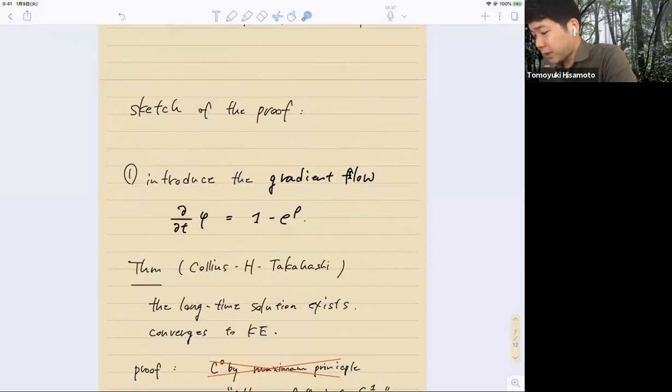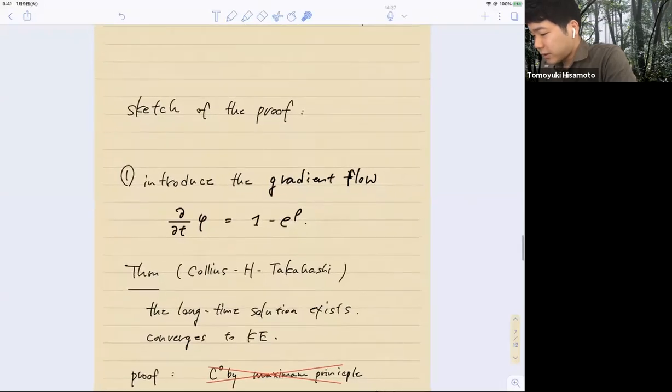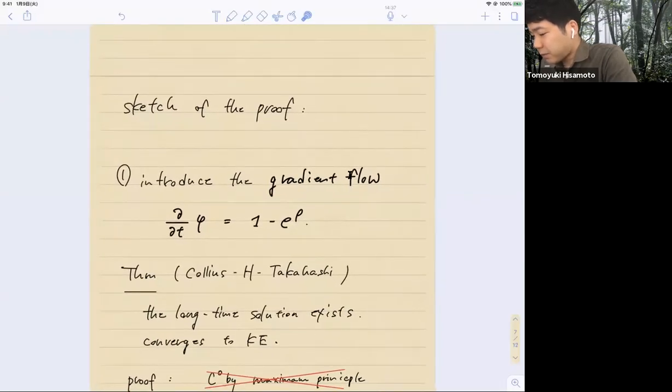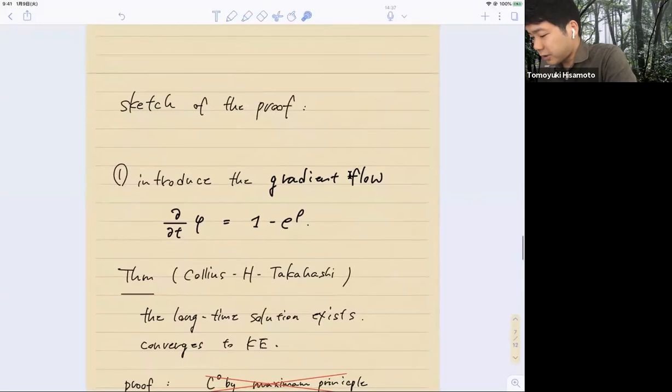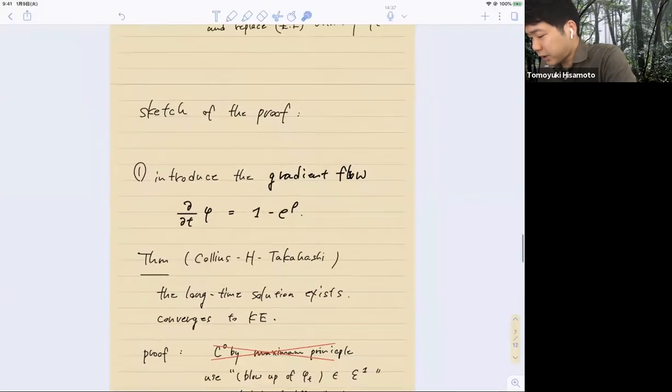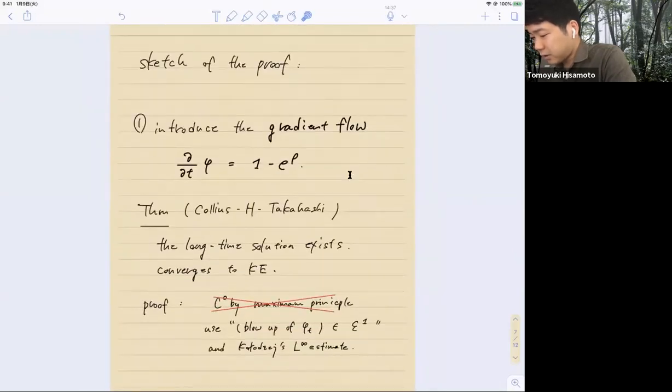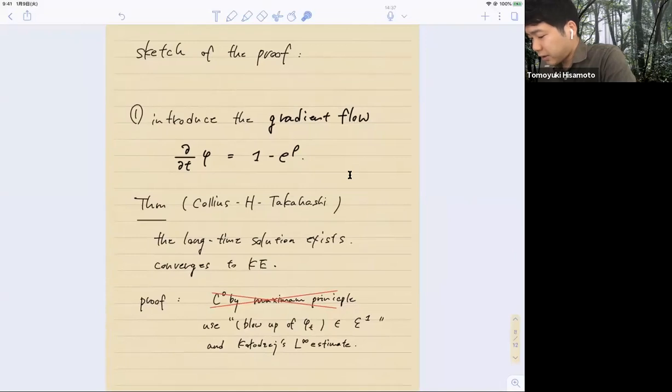But as far as I know, this has not appeared in the literature, and our first result, which is joint work with Tristan Collins and Ryosuke Takahashi, is that there exists a long-time solution of this flow, and it also converges to a Kähler-Einstein metric.